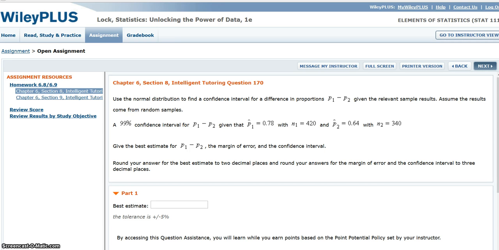So we're going to start by giving the best estimate for the true difference in proportions, P1 minus P2. And since we're looking for a difference in population proportions, we're going to estimate that with our difference in sample proportions, 0.78 minus 0.64 is 0.14, so that's going to be our best estimate.